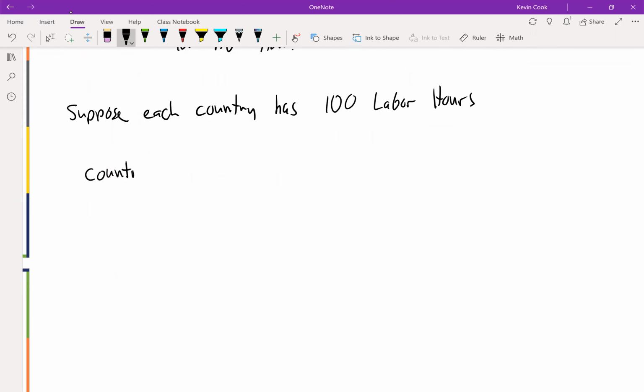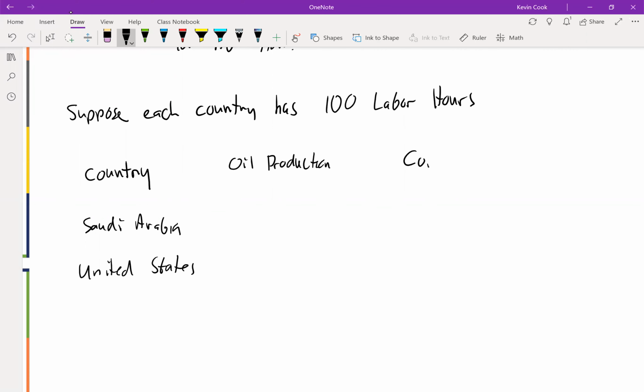Again, I have my countries, Saudi Arabia and the United States. Within each of these countries, this time, what I'm going to have is our oil production and our corn production.